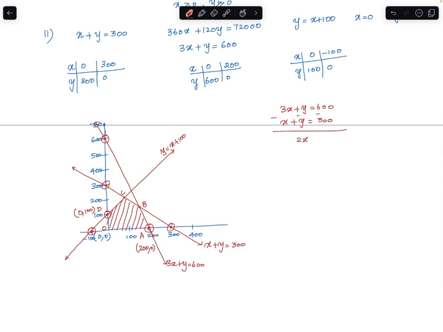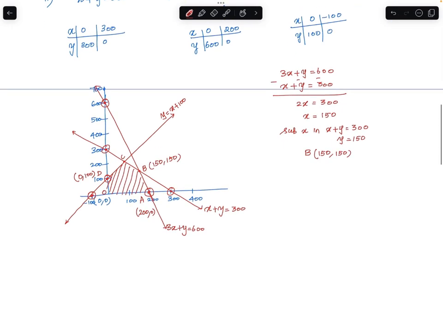So we get 2x as 300 and x is 150. Substituting the x in x plus y equal to 300, again we get y as 150. So the coordinates of B are 150, 150.